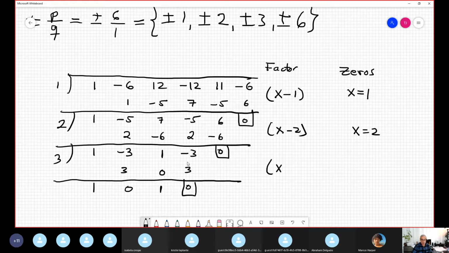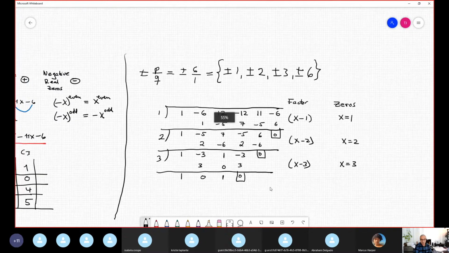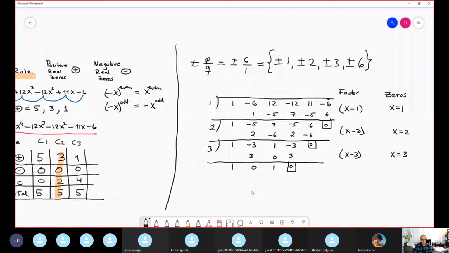The factor x minus 3 belongs to the polynomial and the zero is 3. And this is magically the famous 3 positive zeros that have that polynomial. 1, 2, 3. I create this example funny, no? 1, 2, 3.